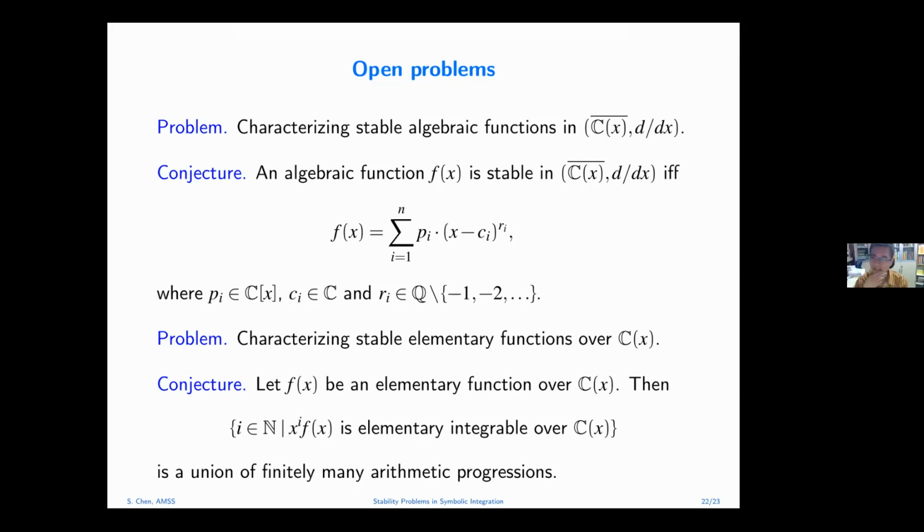Yeah, actually, I think when I gave a talk at the RISC, Georg asked me a similar question, because you are both working on this differential and integral algebra, which is closed under taking derivation and integration.